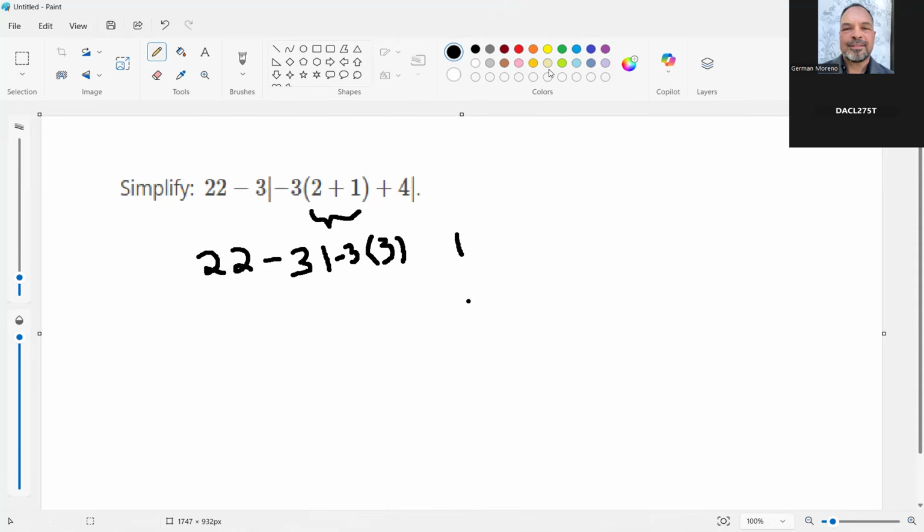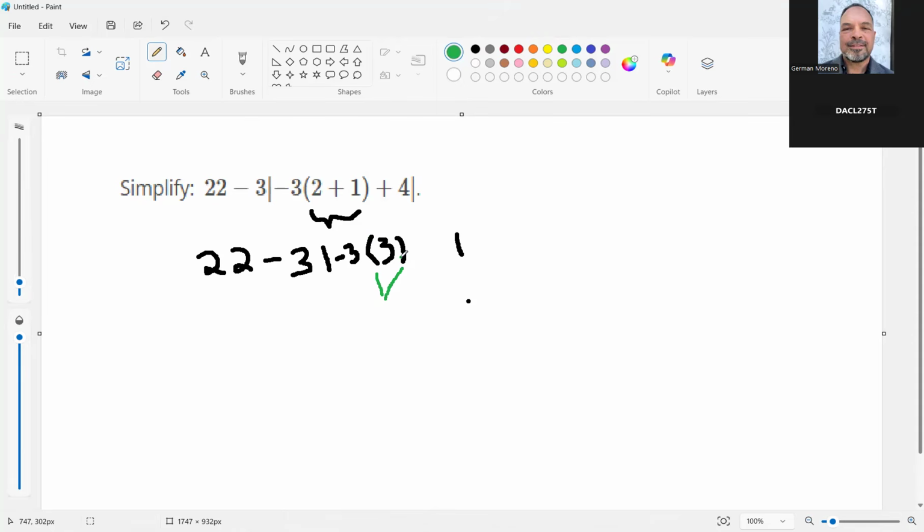Now I have these brand new parentheses, right? These here. I don't want you to really think of those as parentheses in the sense of the PEMDAS, because what these parentheses actually represent is multiplication.